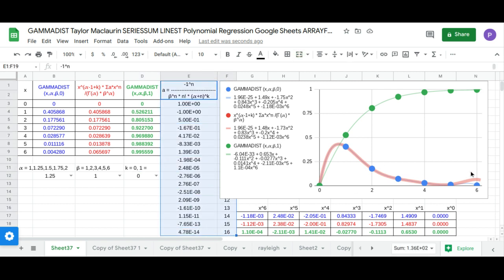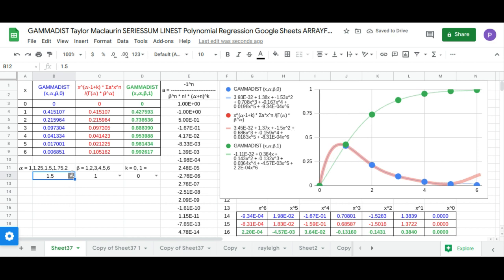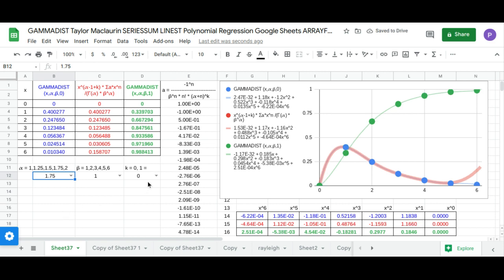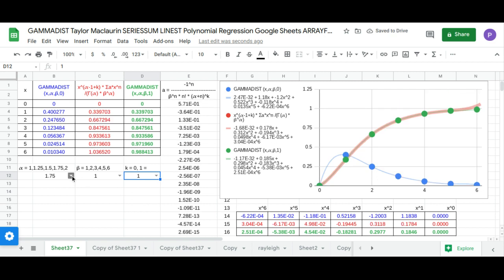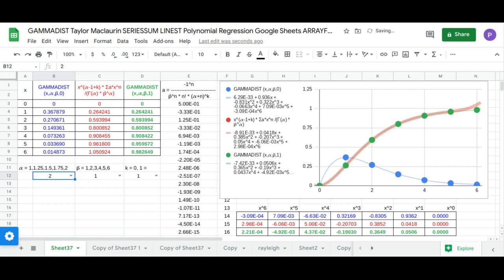We can go higher and this will be eliminated. 1.5 and 1.6, 1.75, and we can toggle it to 1 and 2. Suppose I will use beta equals 2, go higher.